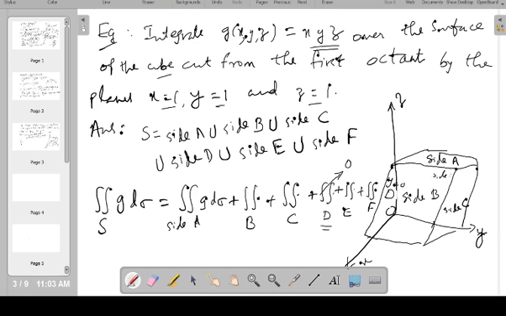There x equal to 0, because that is the YZ plane. When x equals 0, xyz becomes 0 into y into z, equal to 0. So the surface integral over E is also going to be 0. Similarly, look at side F, the bottom side. Here z is equal to 0, so xyz is x into y into 0, equal to 0. So the surface integral over F is also going to be 0.